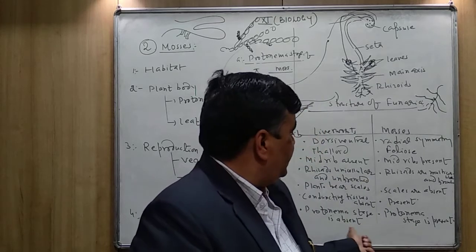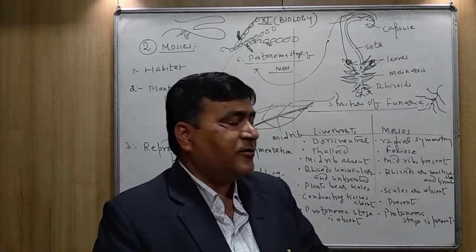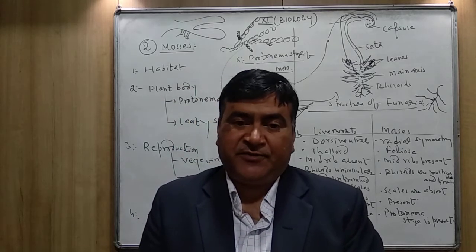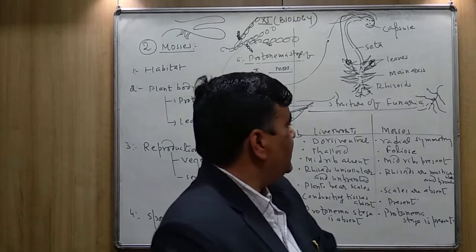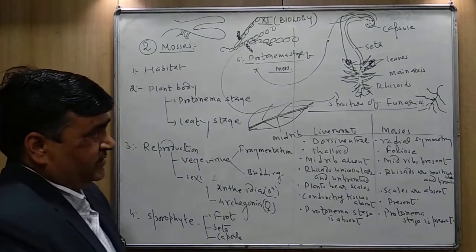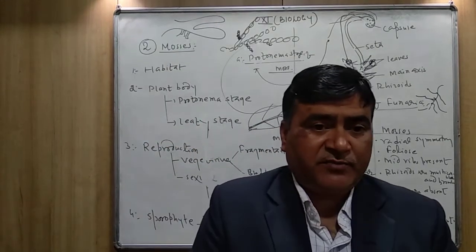So the protonema stage is absent in liverworts, while in mosses the protonema stage is present. So that's all about liverworts and mosses.